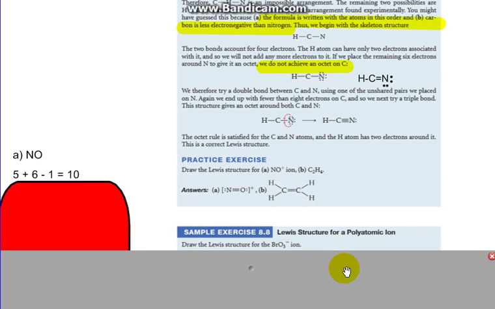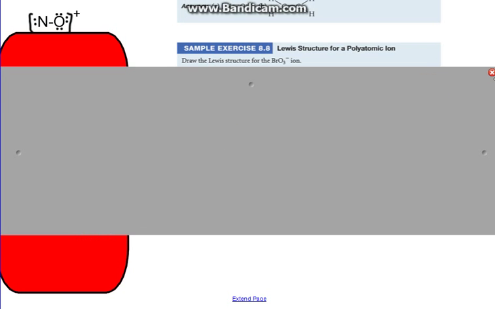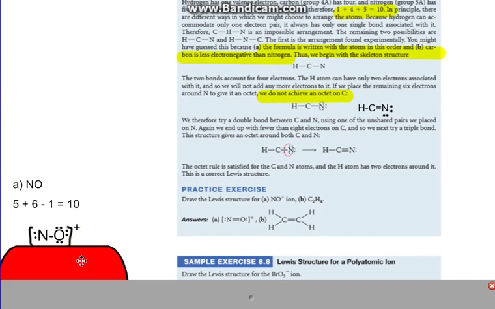And that makes sense because we'll get an even number here. We get 10. Usually with the Lewis structure, if it's a charged ion, we put the square brackets around it with the charge. So we have 10 electrons, so join the N and the O.